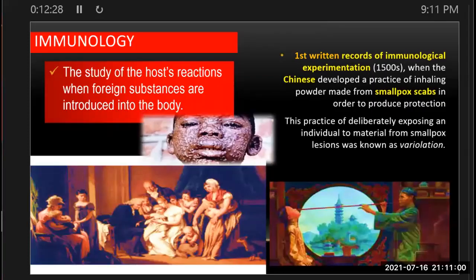And immunology, we can define it as, again, the study of the host reactions when foreign substances are introduced in the body. Foreign or anything antigenic, non-self, right? Non-self.